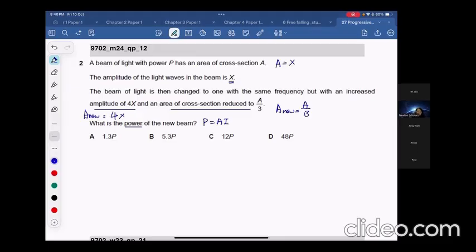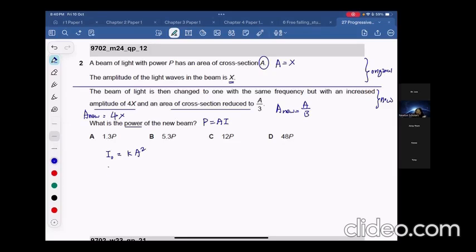Okay, so intensity is Ka squared. Here is the initial case. Then this one is new. Here is original. Our original area is A. Then our original intensity is equal to Ka squared.